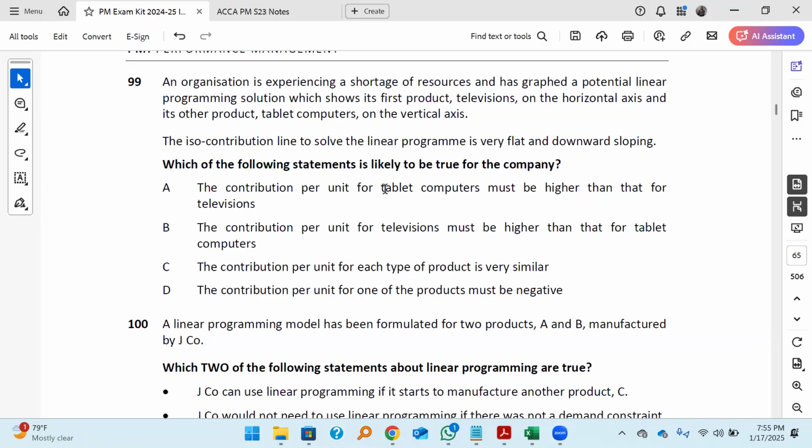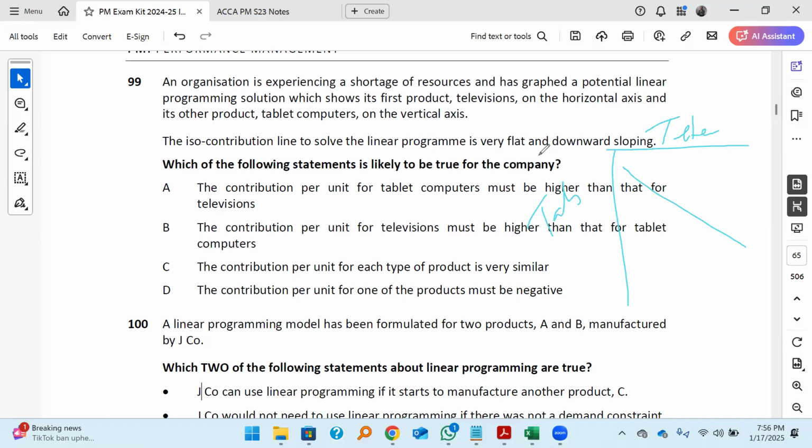Because it is flat and downward sloping, remember they told us that on the vertical axis they put tablets, and on the horizontal they put televisions, and the curve was going down like this. Now this is called an ISO contribution line.